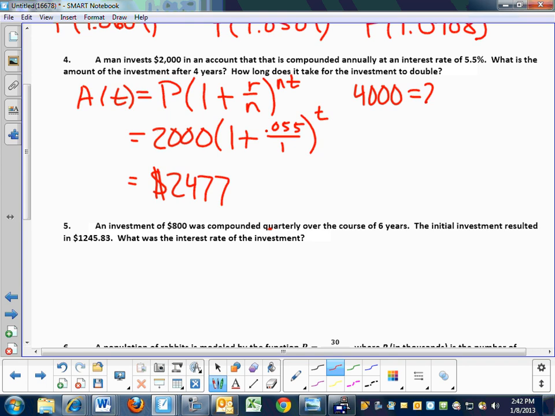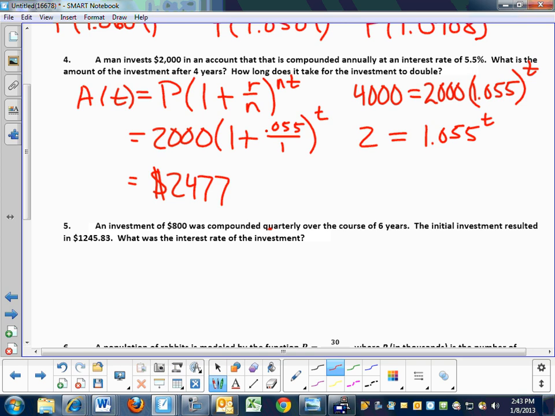Well, the investment is 2,000 times 1.055 to the t power. That's what we're trying to solve for. Trying to solve for time. How do I solve that? Divide by 2,000, I get 2 is equal to 1.055 to the t.